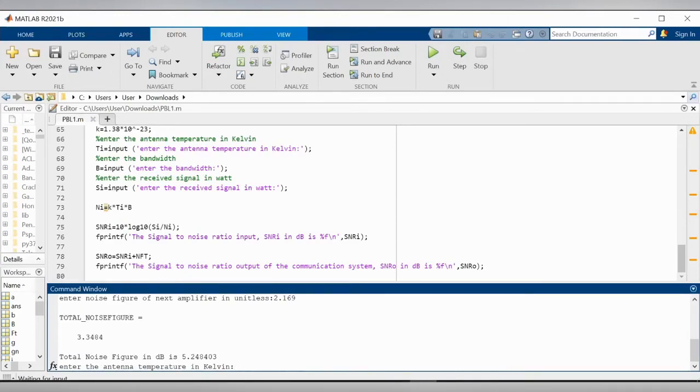So we get the total noise figure, also in dB. After this, we enter the antenna temperature in Kelvin, which is 308. The bandwidth is 400 mega, so it is 400 times 10 to the power of 6, and the received signal in watts is 5.